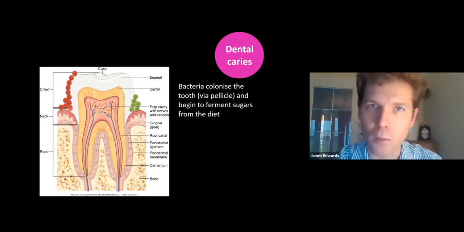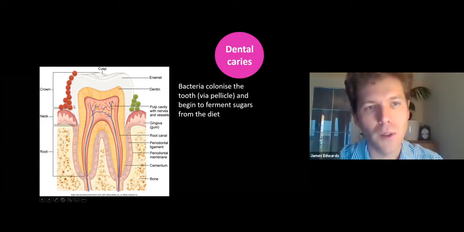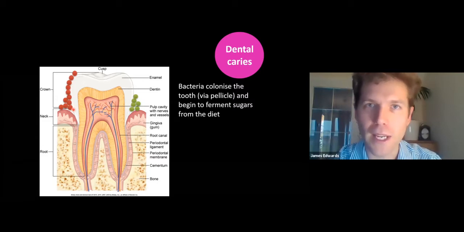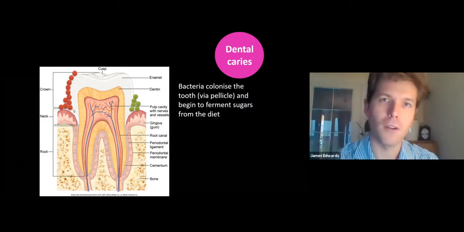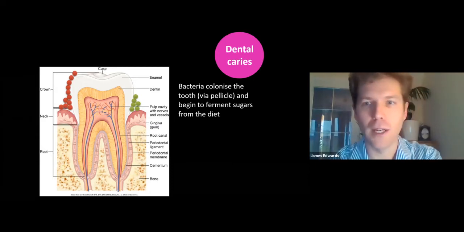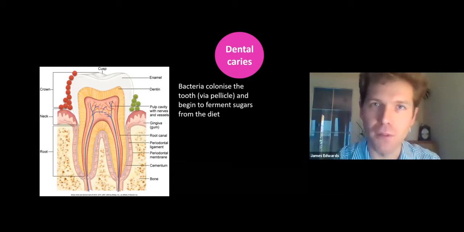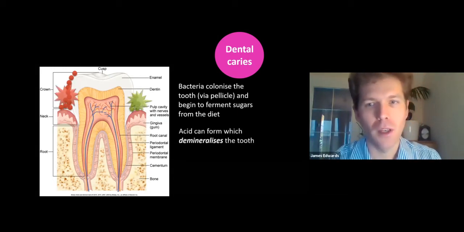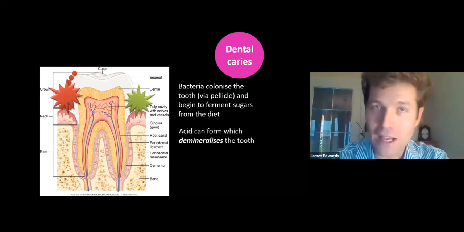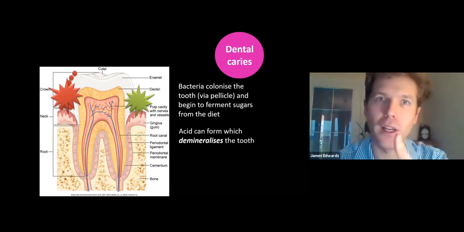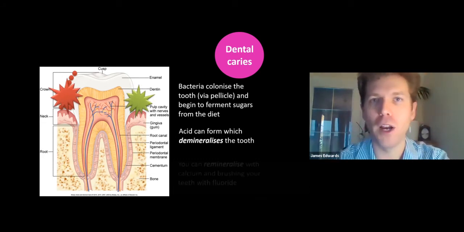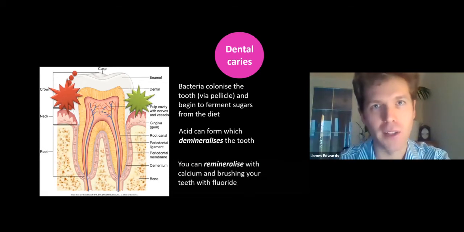They come into direct contact with tissue. So what these bacteria begin to do is ferment the food that you eat. They're converting that food, as part of their natural respiration, into acid, which can begin to damage the surface of the tooth. Now, normally when you're brushing your teeth and using fluoride, that helps to remineralize the surface of the tooth.